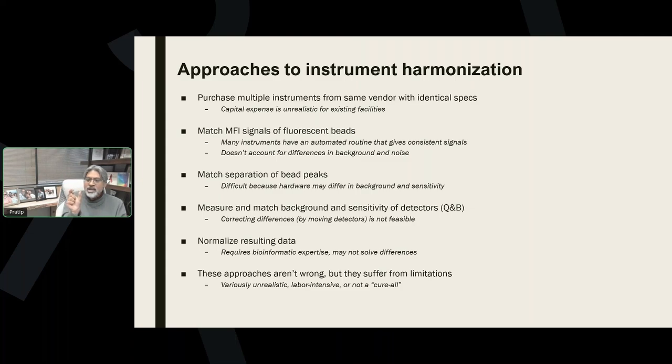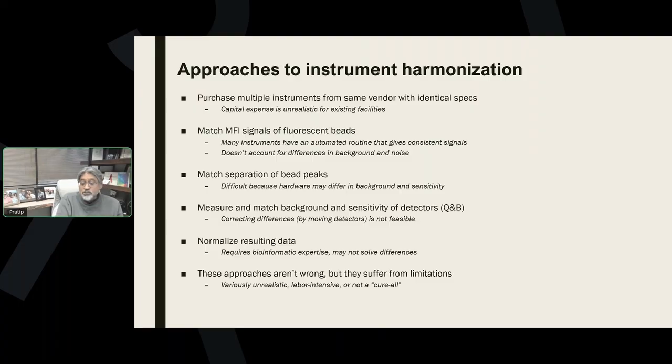This would capture differences on the low end in noise and sensitivity, but different instruments might just have different background because they have different sensitivities, because the lasers are different, or because perhaps more likely or more important, the detectors themselves are of different and varying qualities, even across the same instrument.